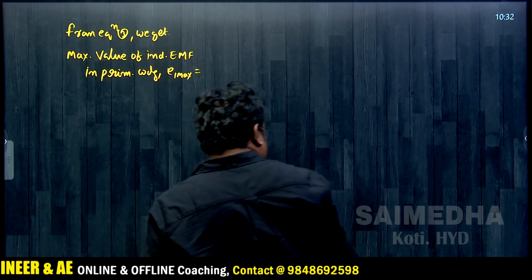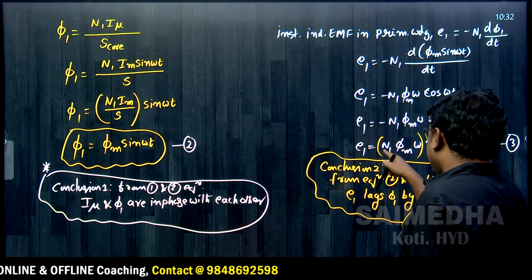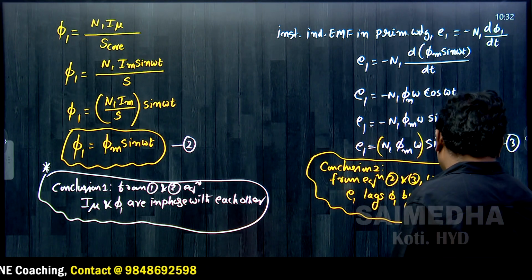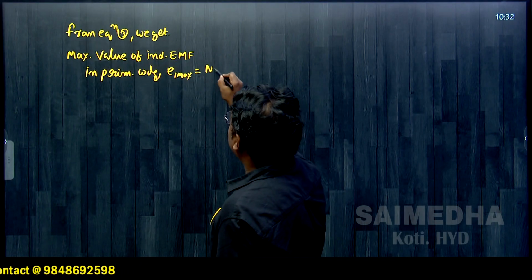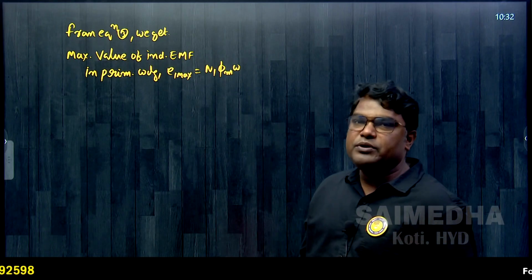What is the value of E1 maximum? It is N1 phi maximum omega. So this is the maximum value of induced EMF.